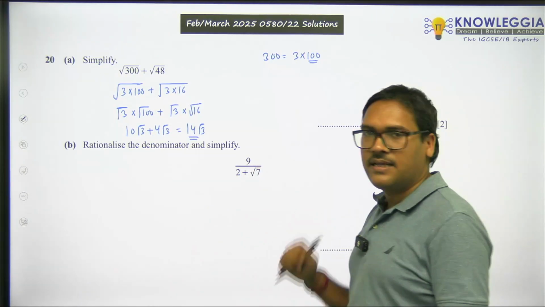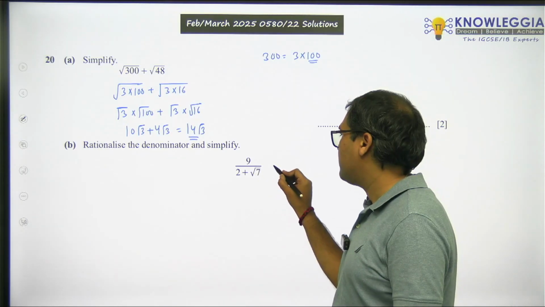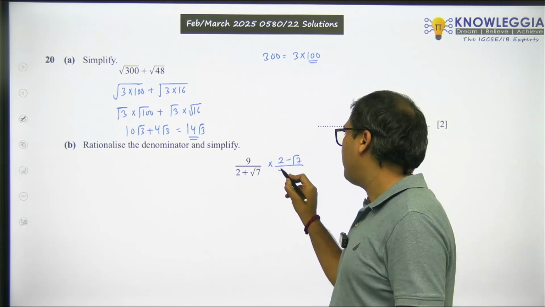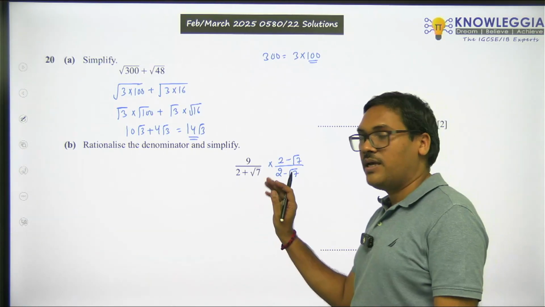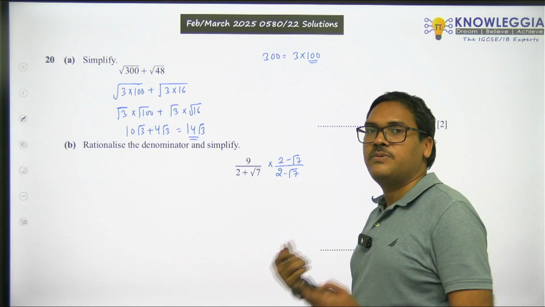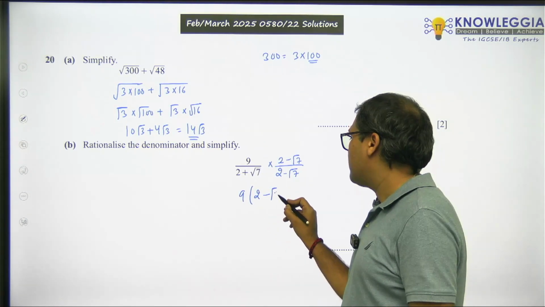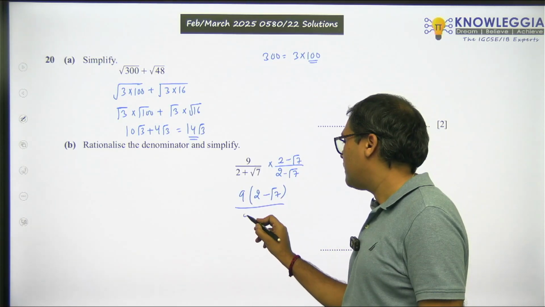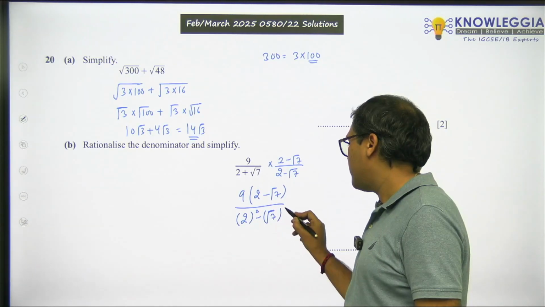Now you have to rationalize this. How to rationalize? We multiply by its conjugate. So to rationalize this, I'll multiply with 2 minus root 7. Why am I doing this? Because we know a plus b into a minus b is a square minus b square. So this is 9 multiplied with 2 minus root 7 divided by 2 square minus root 7 square.